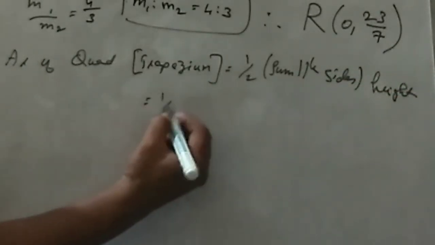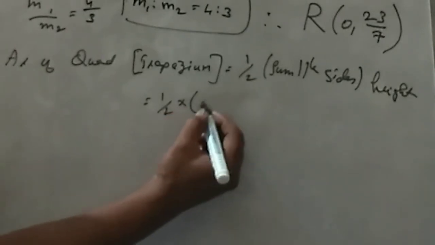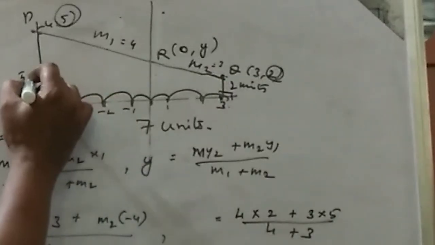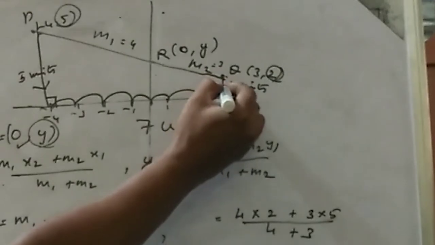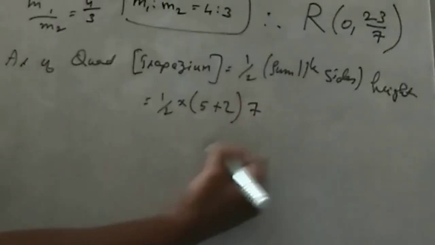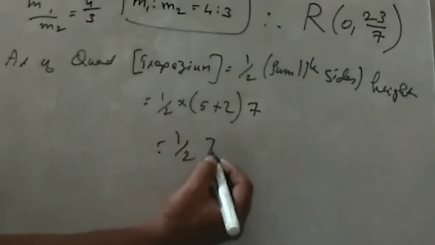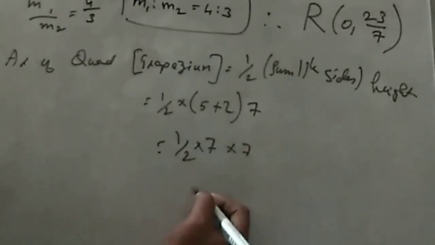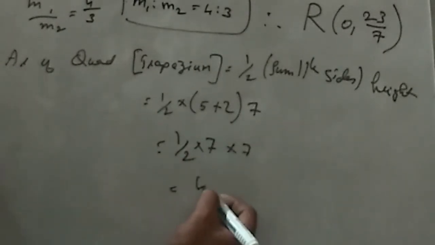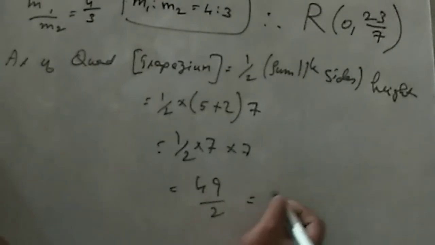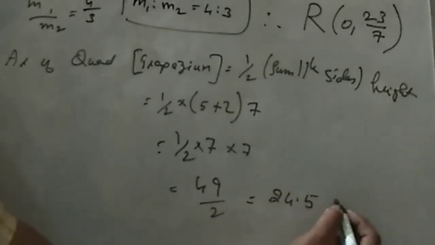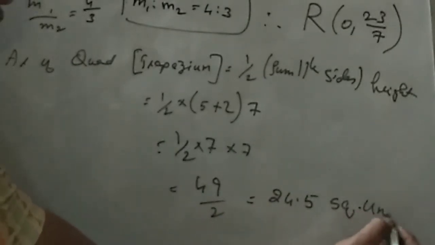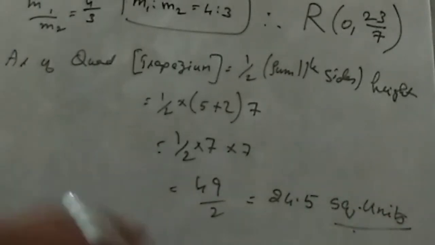So you will get half into 5 plus 2. These two are parallel. Into 7. So half into 7 into 7, that is 49 upon 2.